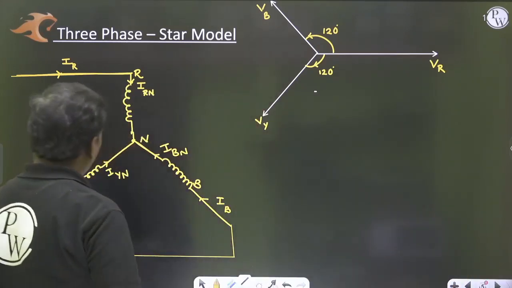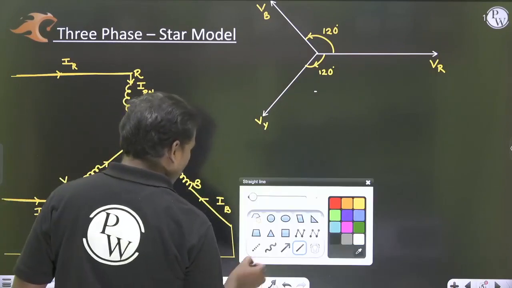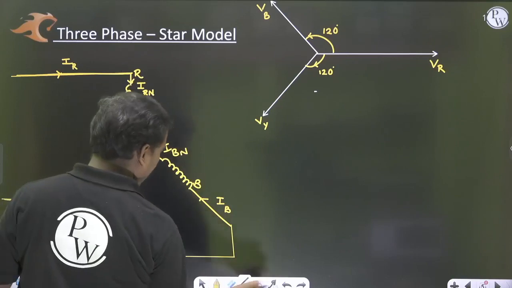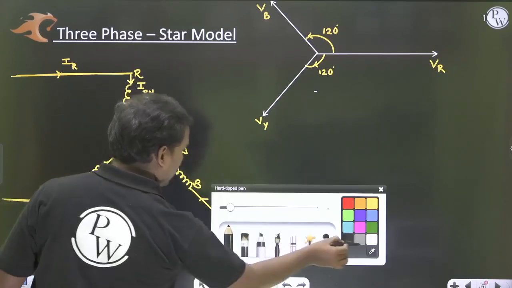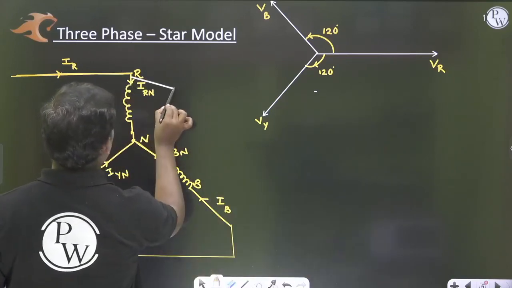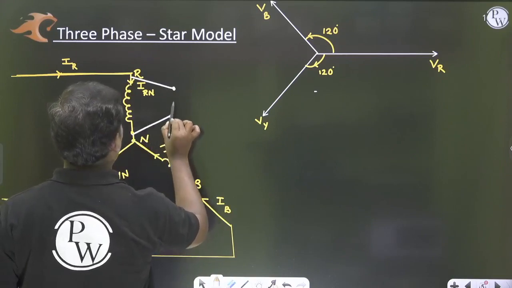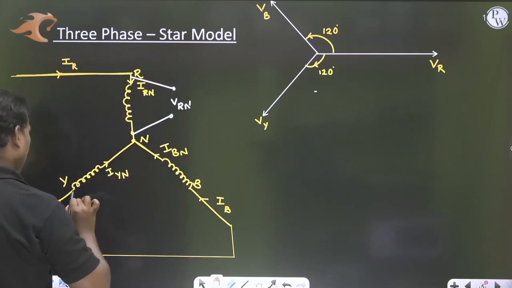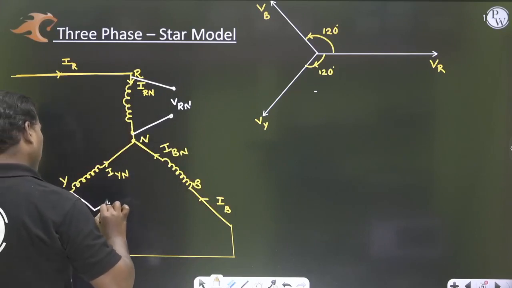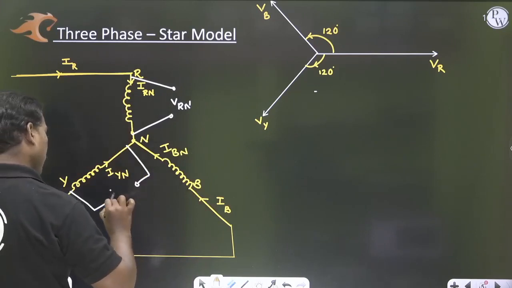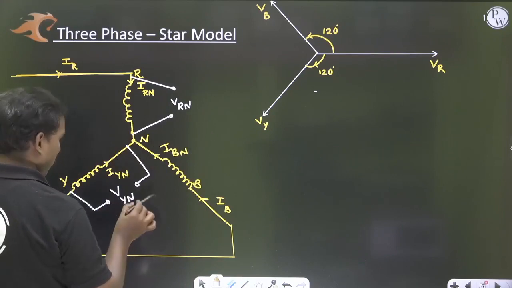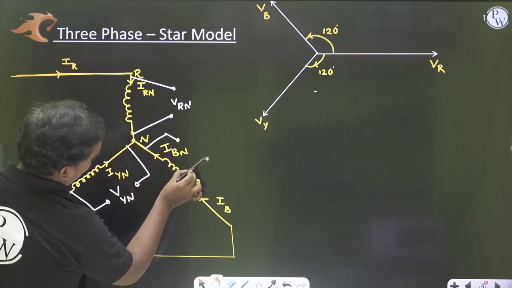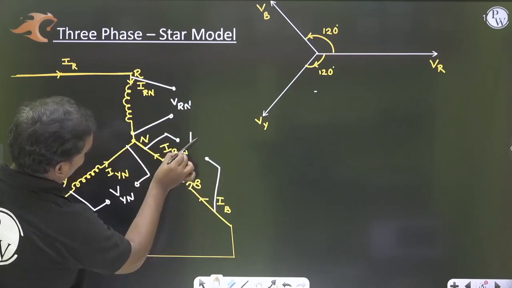Now this particular voltage, we can take it as VRN, and this one VYN, and this one VBN.